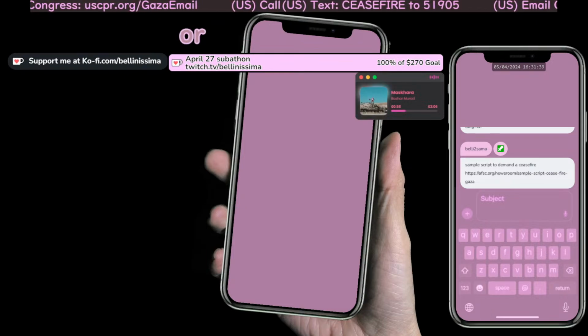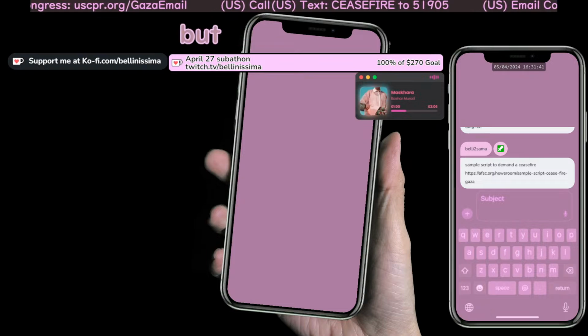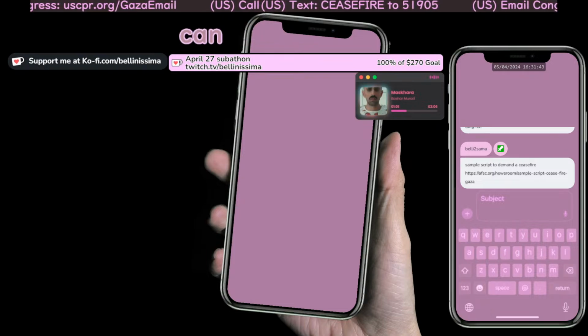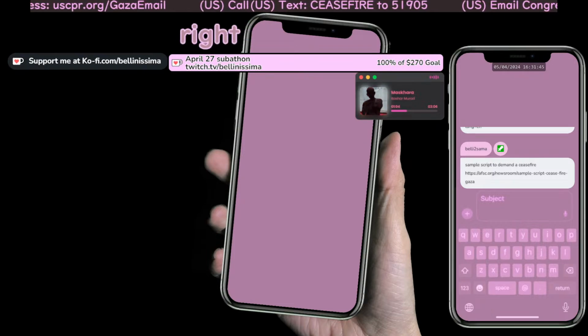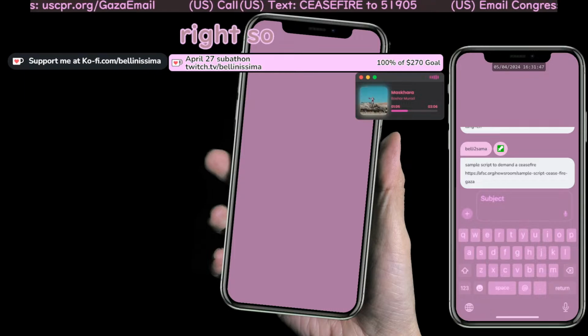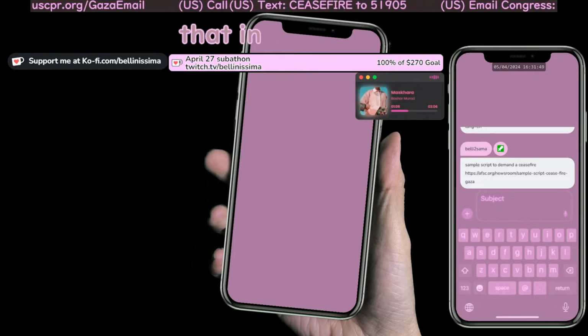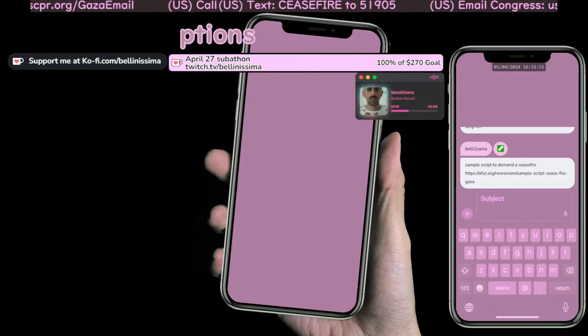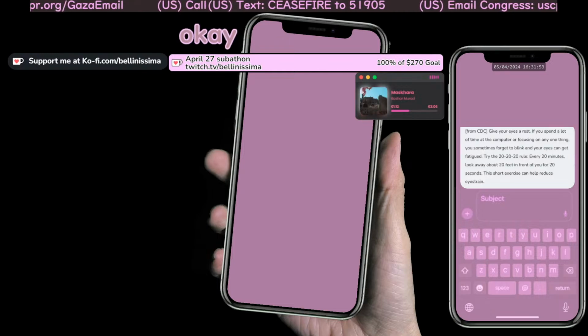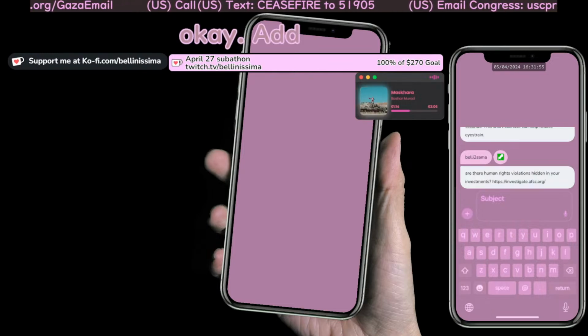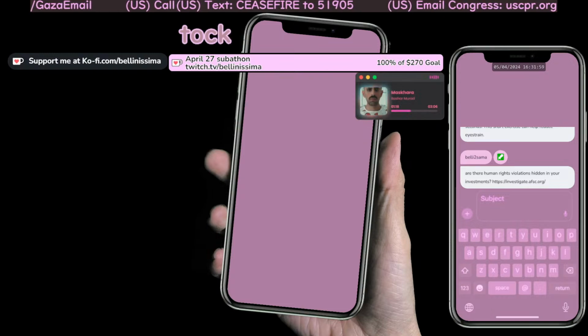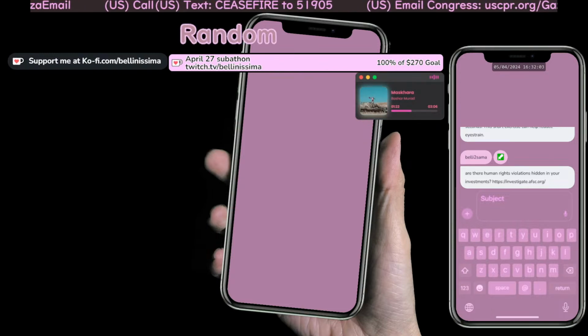Or maybe in streamerbot, because you can always do random, right? So let's put that in redemptions. Redeems. Okay. Add TikTok. Random, always run.